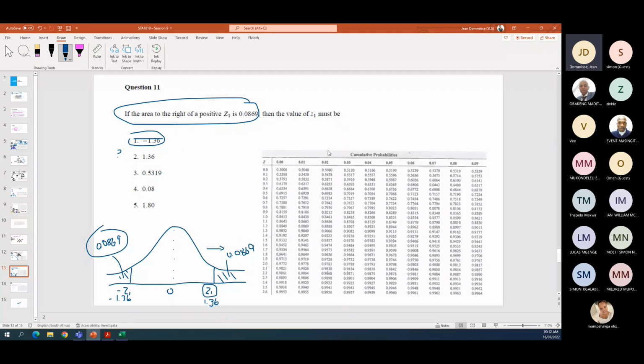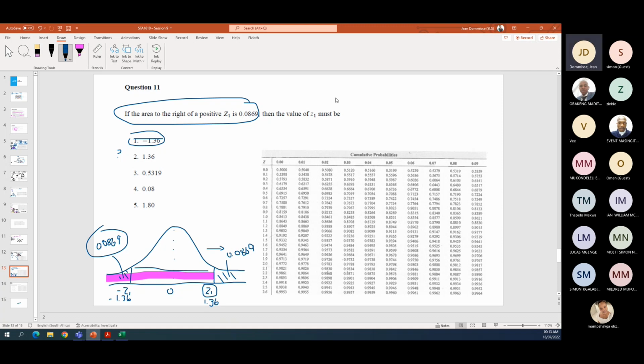The other way is to look at the positive value. So what we then need to do is calculate this whole area, because then we can use the positive Z table.